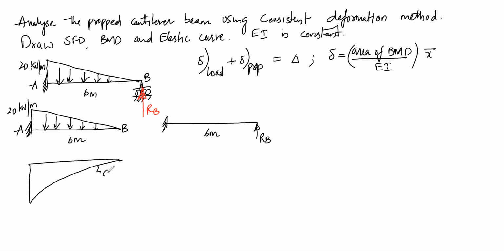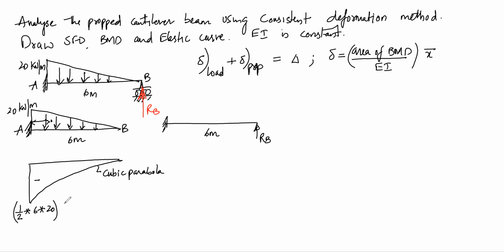So this will be a cubic parabola, and this will be a hogging bending moment, and the bending moment value here will be area of the triangular load, that is half into base into height multiplied by the distance between the centroid and the fixed support.